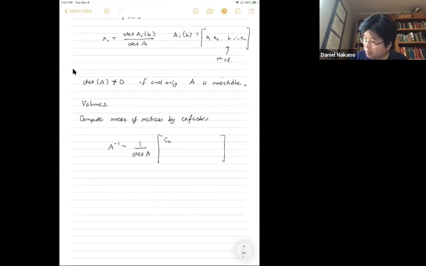So it's C11, and instead of 1, 2, you have 2, 1 here, Cn1, then C12, Cn2, and then finally C1n and Cnn. Make sure you transpose the cofactor matrix in terms of the a_ij's.